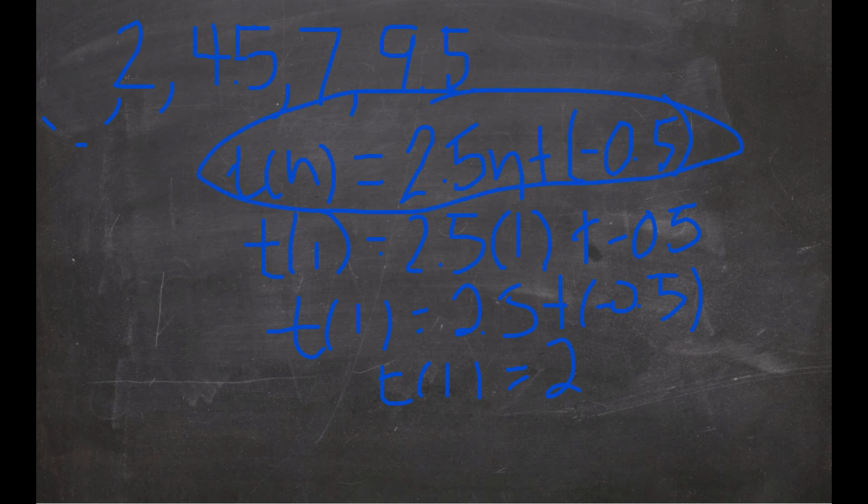Okay, let's make our recursive equation. For our recursive equation, what we have to remember is there are 2 parts. The first part is the starting place. In order to write a recursive equation, we need to know where the equation starts. Our first term is 2, so we write T of 1 equals 2. That tells us where the equation will start. Then we need to describe how the equation grows.